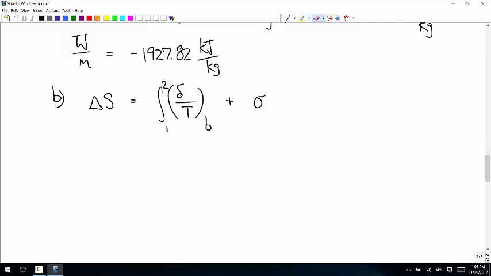That would have made it easier. The temperature is 150 everywhere. So we can think of this as the change in entropy is equal to the heat added to the system divided by 150 degrees Celsius, which is 423 Kelvin.